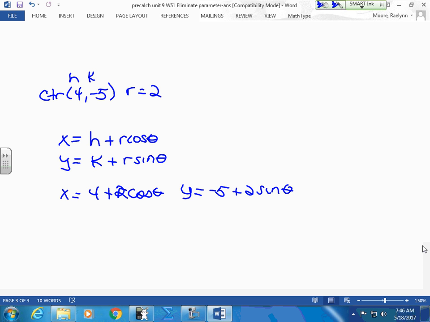Just do the same thing that you did before. The only thing you had to do was put them into this, so now you just solve it. Subtract 4, divide by 2, add 5, divide by 2, and then just use your sine squared plus cosine squared. Once you get there, you just have to plug them into that.